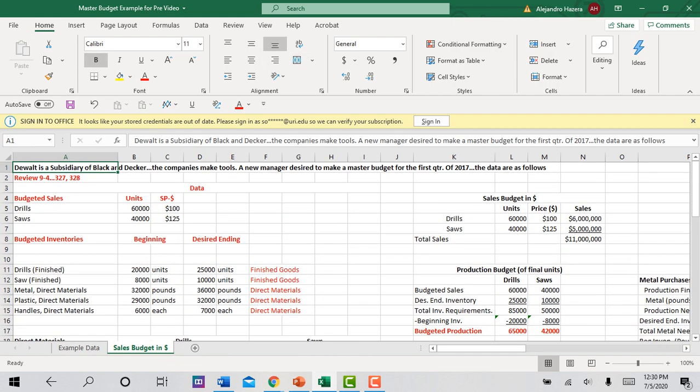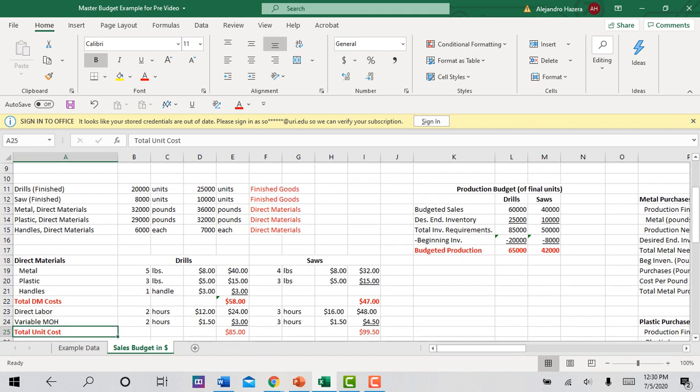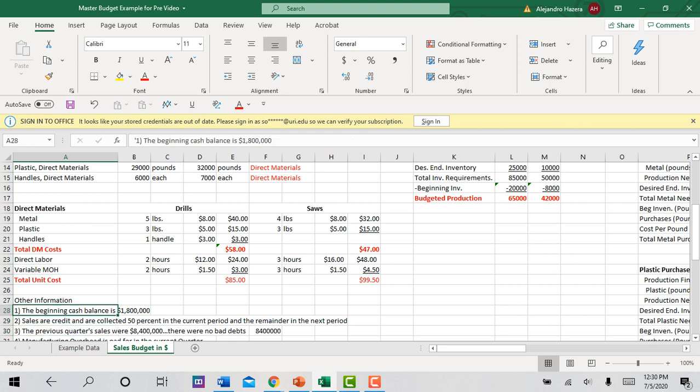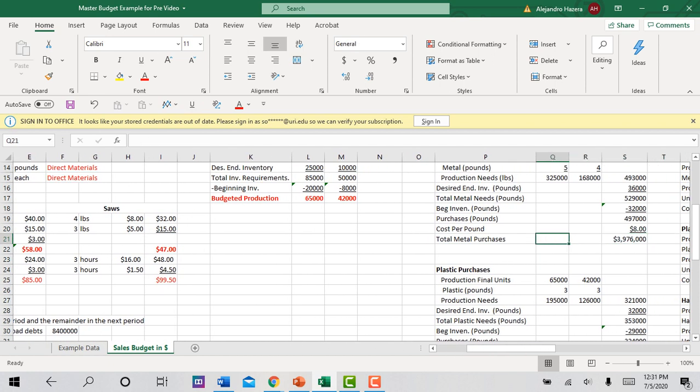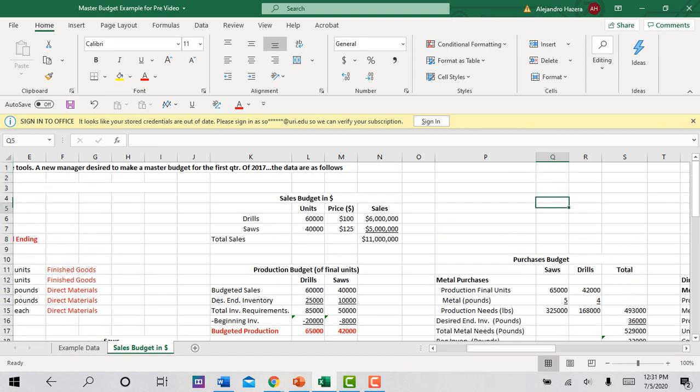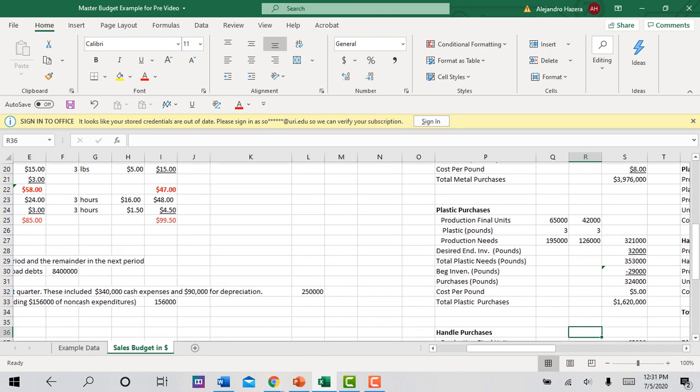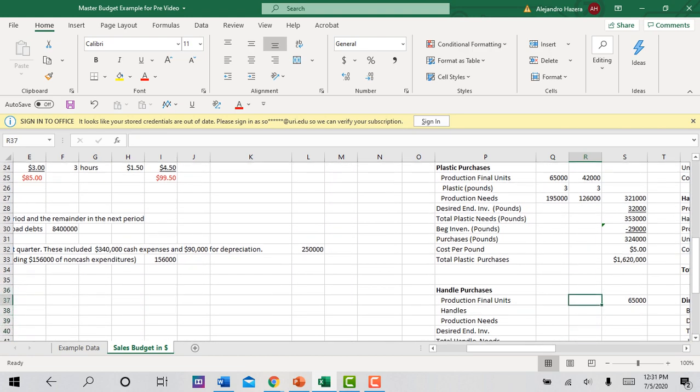The handles only go into drills. Okay, and this should be drills. Saws, sorry for the mistake. Okay, so our handles only go into drills.